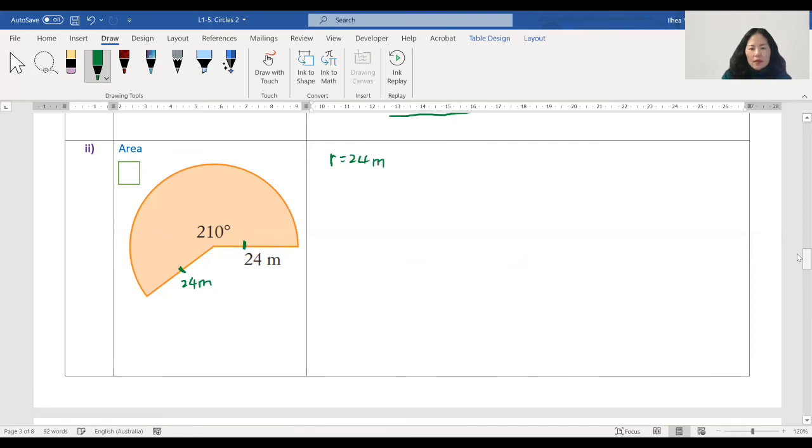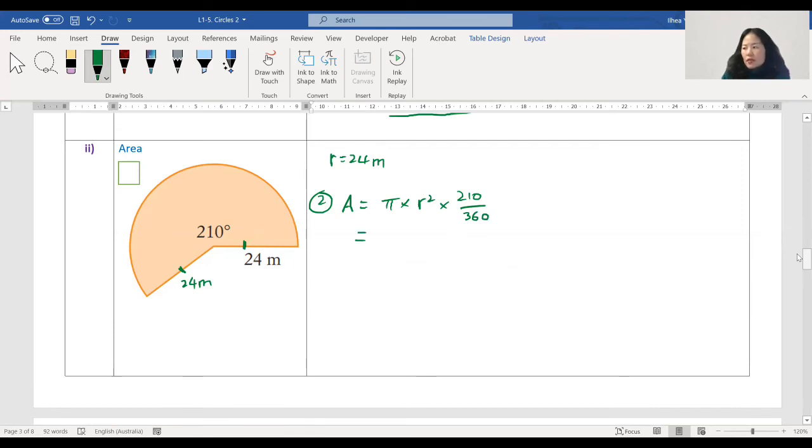Now, area equals pi times r squared. That's going to be the full circle. We just want to know 210 degrees out of 360 parts. That's all we want to know. Nothing special.